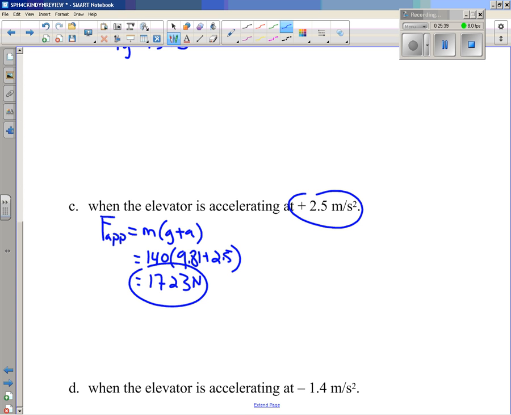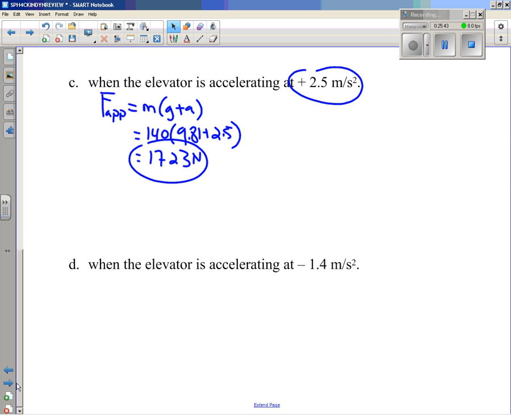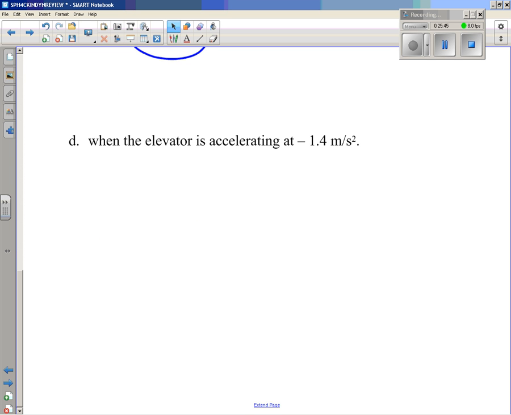One more scenario. Now it's accelerating down at 1.4 meters per second squared. Should feel lighter. It's like when you're at the top floor and when the elevator initially starts to move, you feel momentarily a little lighter as it gets up to speed. So same thing.